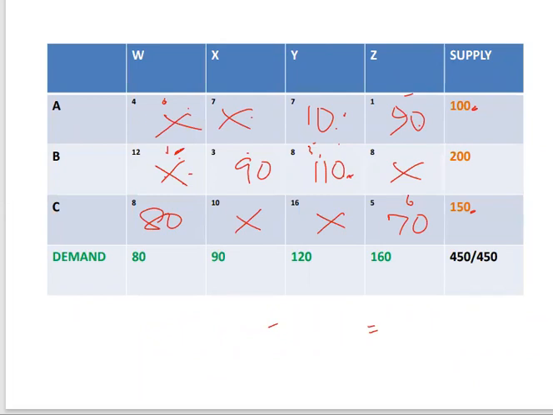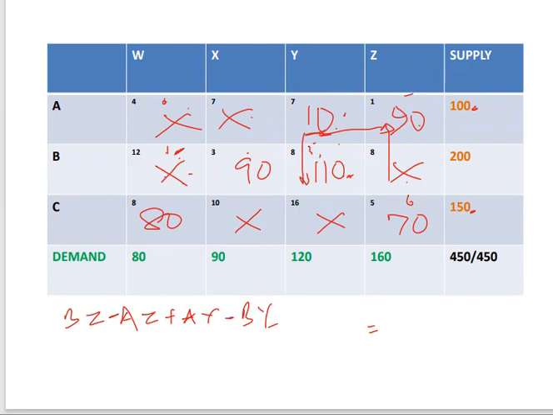So from BZ, we can move to AZ, to AY, and back to BY. Can you see that? That's simple. BZ minus AZ plus AY minus BY.